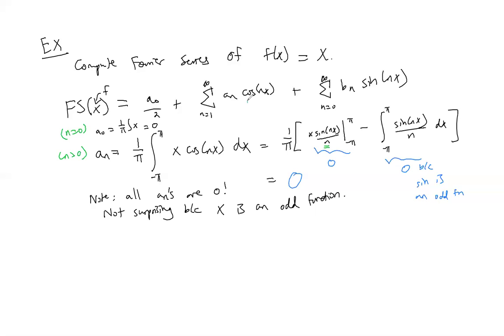So you should only get bn's. All your an's should be 0. In fact, that's what we find. An is all 0. And so in fact, you didn't even need to do this work. You could have just said, because x is odd, all the coefficients an will be 0, because cosine's an even function. And then just go straight to the bn's.